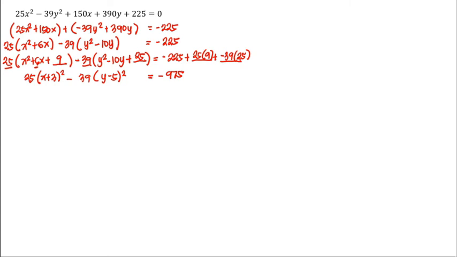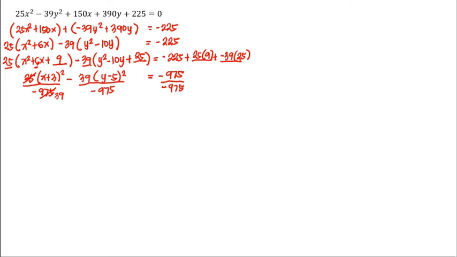Next is to make the right-hand side of the equation equal to 1. So we will divide both sides by negative 975. So what will happen is, since 25 over 975, we can still reduce this one. The common factor is 25, so this will become 1, and this is 39.